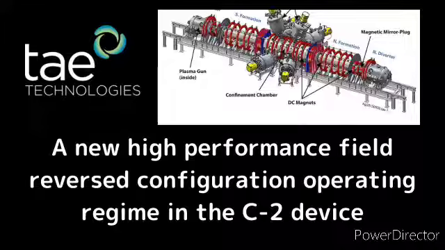parameter space. All FRCs develop an azimuthal rotation in the ion diamagnetic direction. The FRC spin up is clearly observed in the C2 device with various magnetic probe and bolometer arrays.